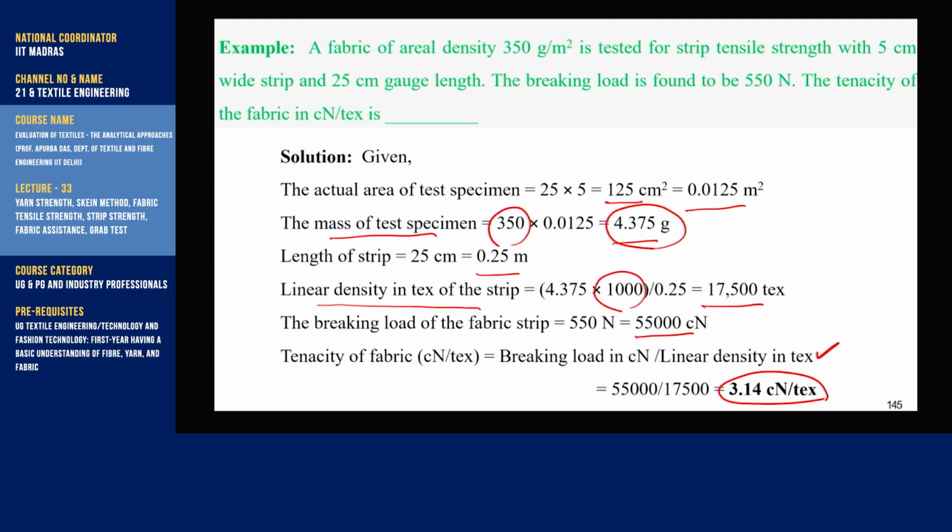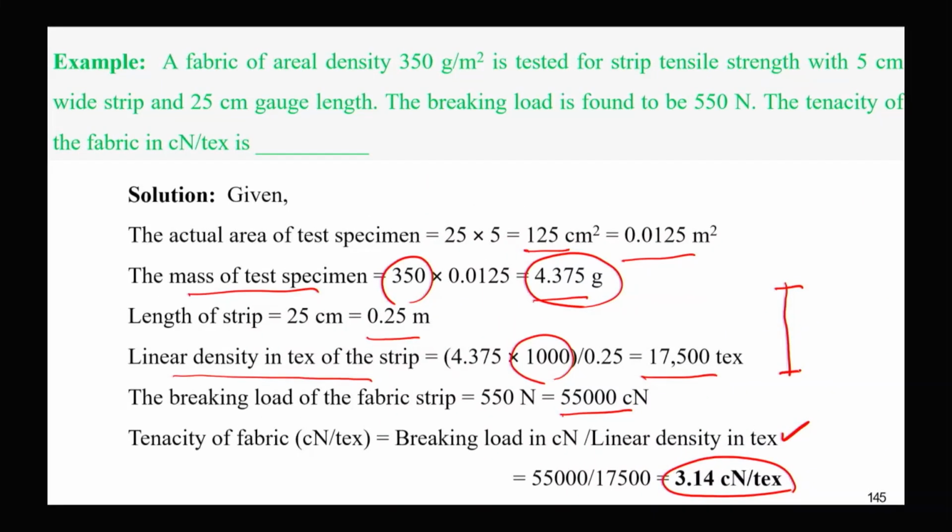Now, if we know the individual yarn tenacity, and if we know the number of yarns in a strip, we can calculate the total load carried by the yarn.